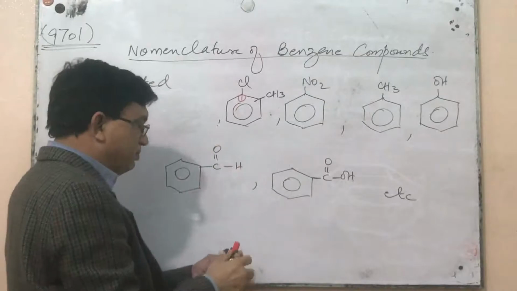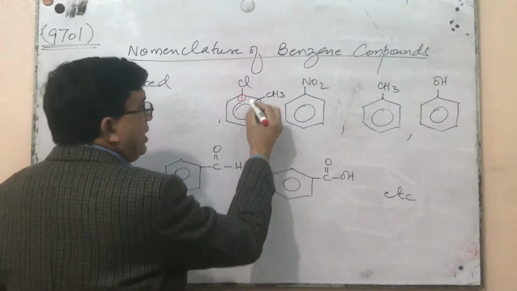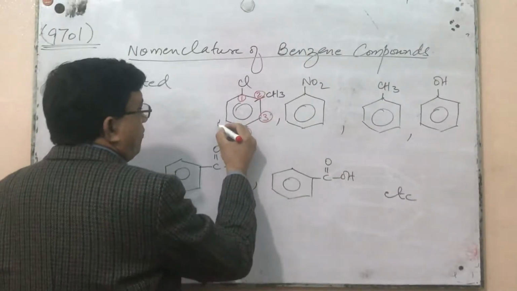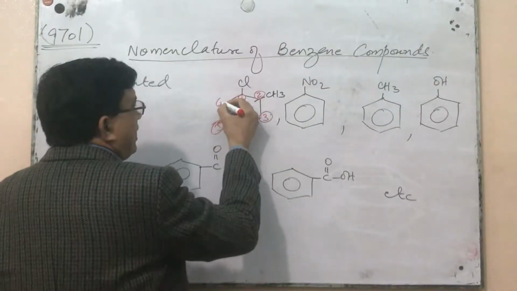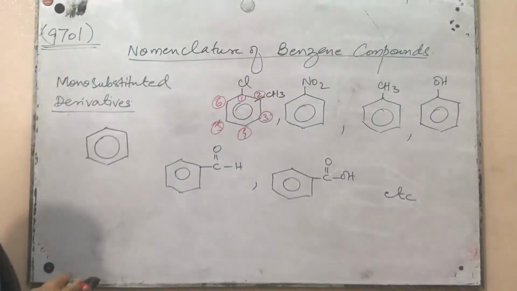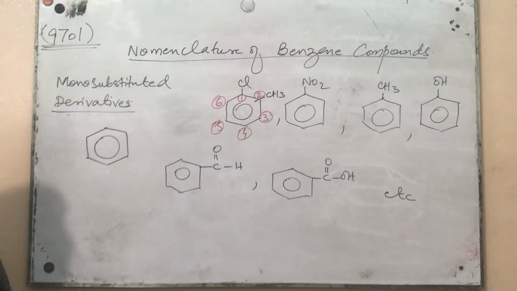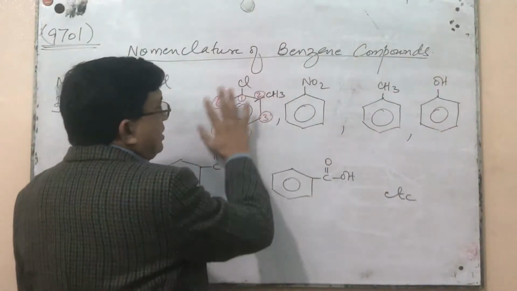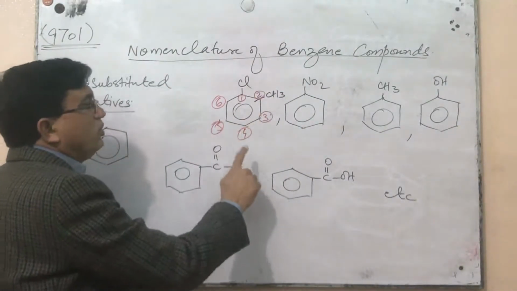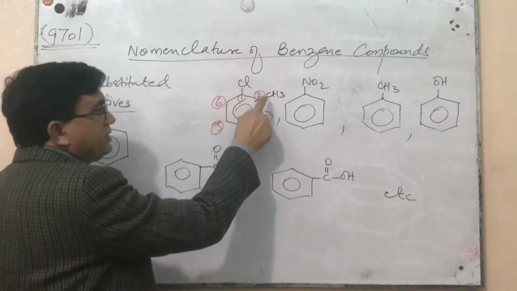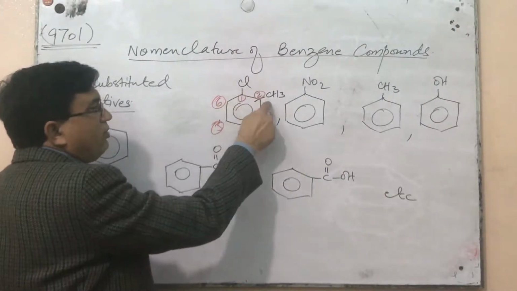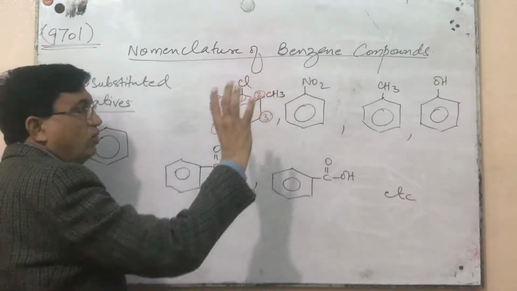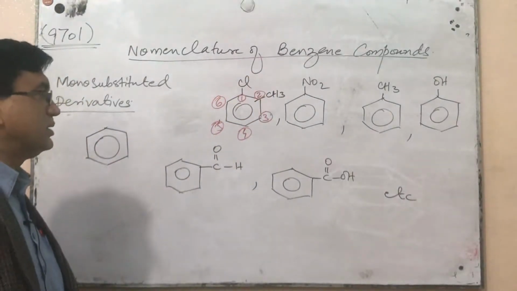Now numbering will become 1, 2, 3, 4, 5 and 6 numbered carbon. Numbering will take place just like this. Similarly, from this numbering we come to know that the carbon adjacent to carbon number 1 will be number 2, from this side or from this side, if only one substituent is present.